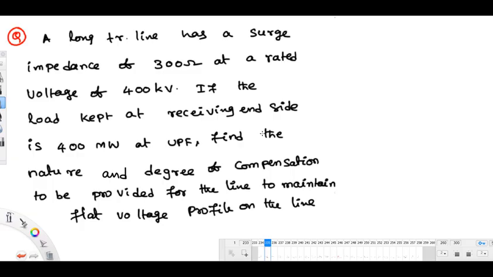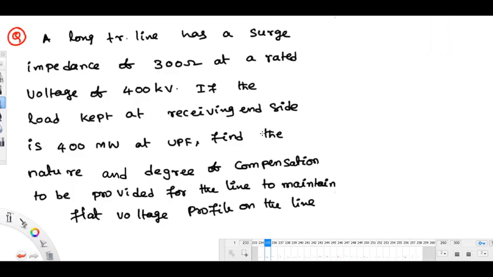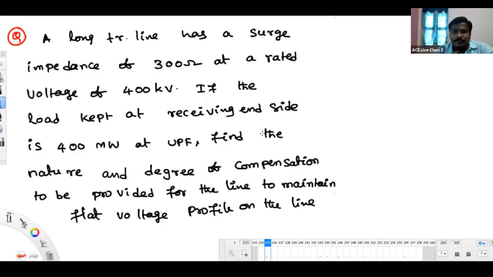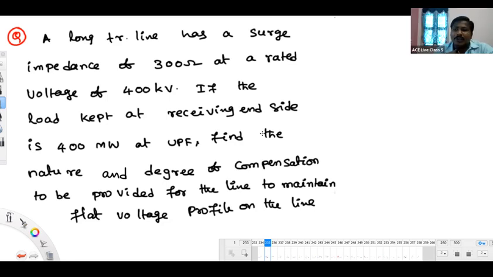Sir, in that case, why can't we do the same with the short line and the long line? Because sometimes they also need compensation. Which short line are you saying? Overhead short line, sir. In medium lines, you said to reduce the compensation we maintain loading equal to SIL. Similarly, why can't we do that in long lines and short lines? In a long line, if you are loading close to the SIL value, you may be touching P maximum.